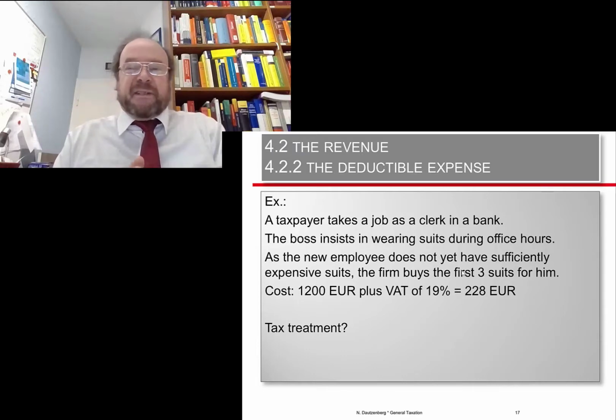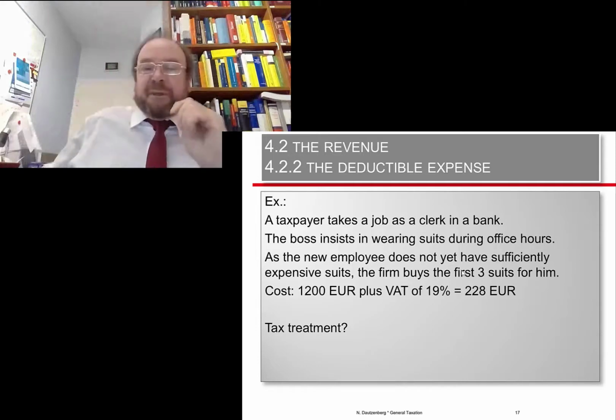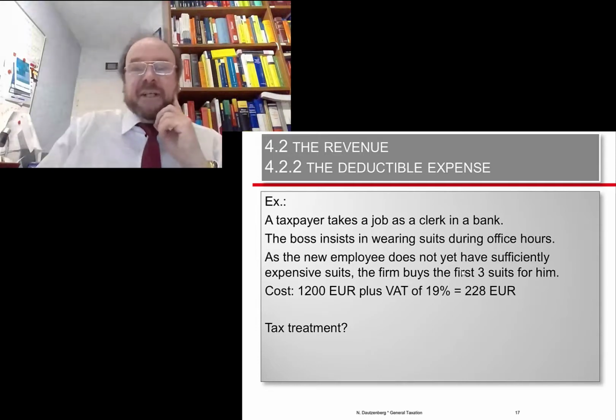First, was there an income-related motive? Yes, definitively, because otherwise Smith would have got fired. And ladies and gentlemen, that's an excellent motive. Now the counter test. Is there also a private consumer-related aspect or advantage combined with buying a suit or several suits? And the answer is yes.